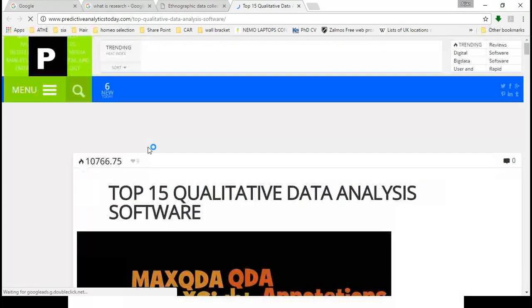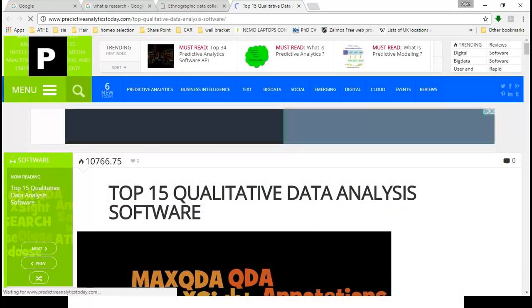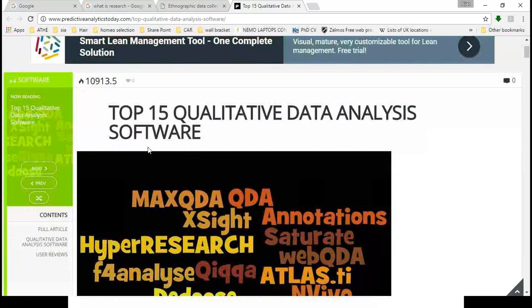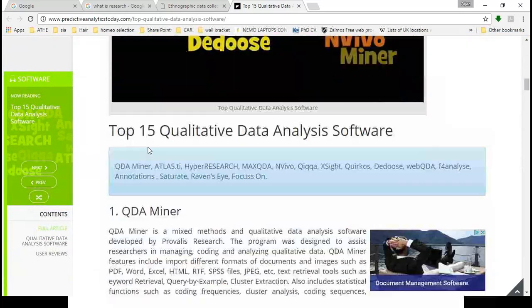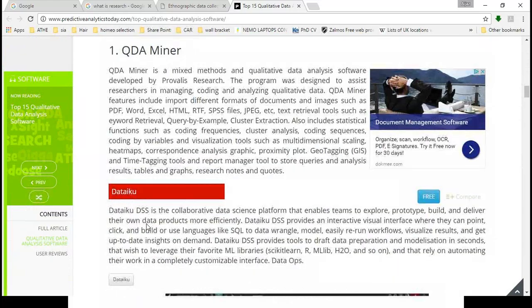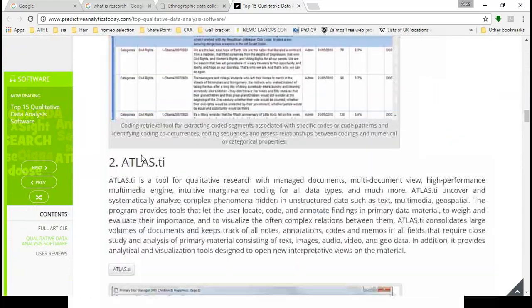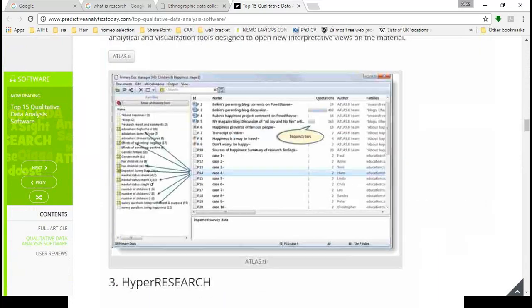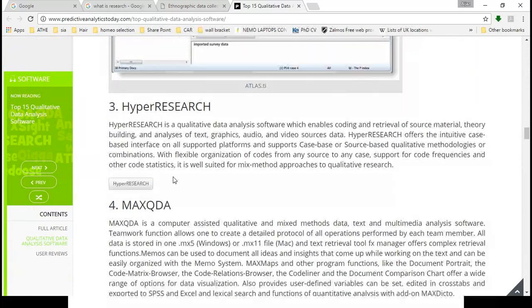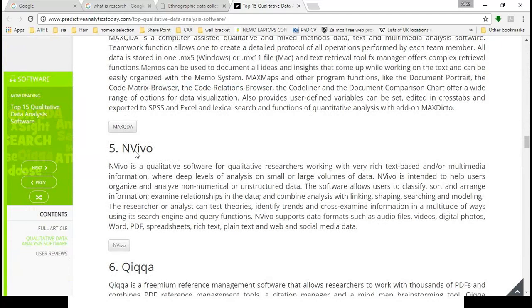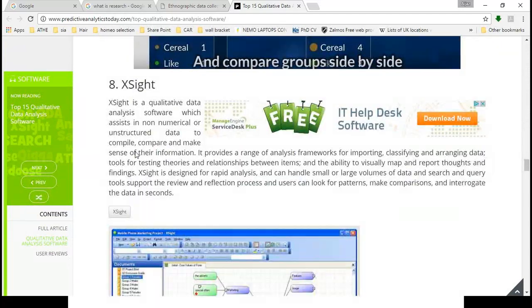For example, SPSS is a software which is used in research. There are other software like QDA Miner, Atlas.ti, HyperRESEARCH, MAXQDA, NVivo. So there are many.